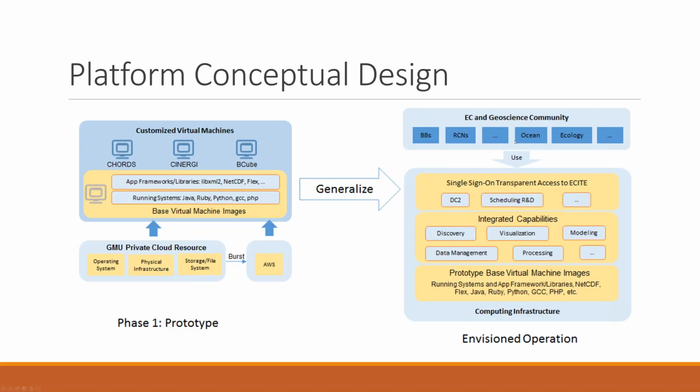For example, the building blocks and research coordination networks of EarthCube, and also from different domains like ocean science, ecology, and atmospheric sciences. So this is the first phase as the prototype we have here, and the second phase is really to implement this innovation in the operation. But for the second phase, we're partially funded, so we're in that process.